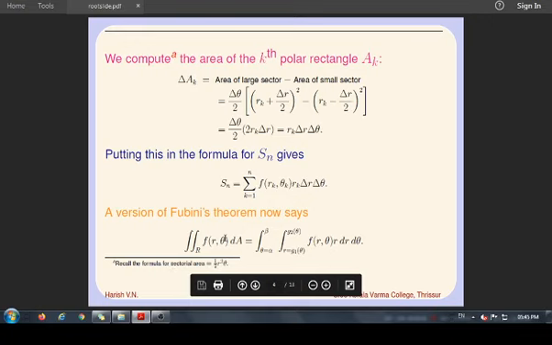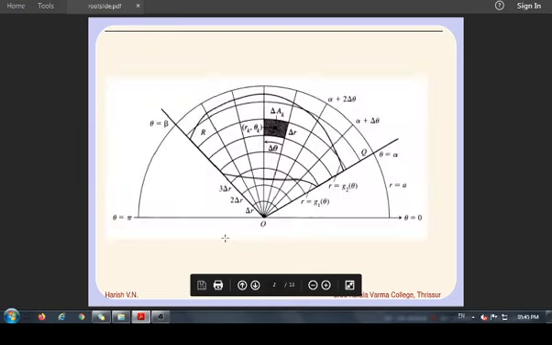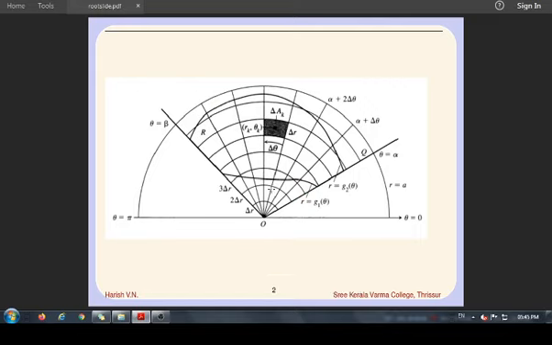Let us go to the figure again. Okay, this portion is called a sector. This portion is called a sector, and the sectorial area is half r square theta. So what is r? It is the radius of this sector, and theta is the angle subtended by this sector.